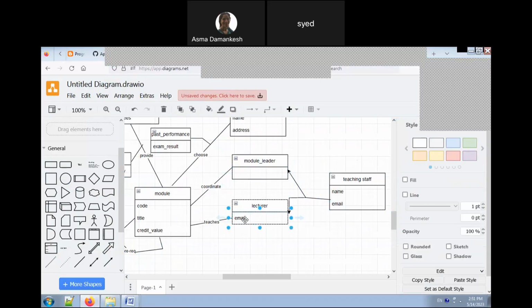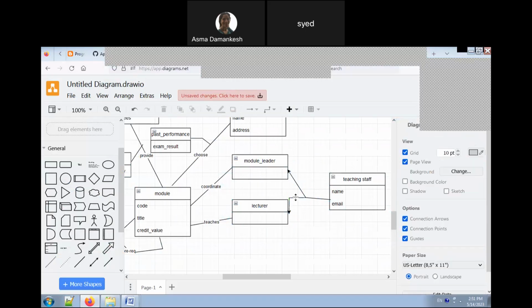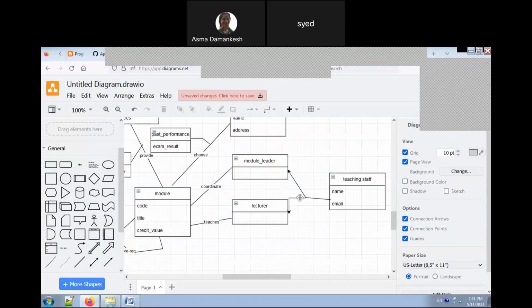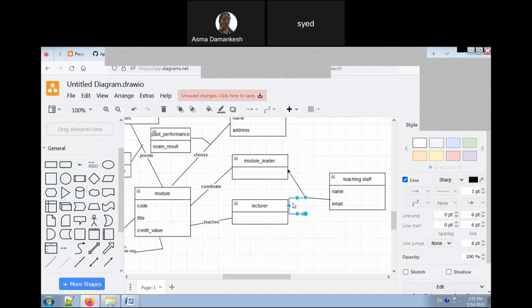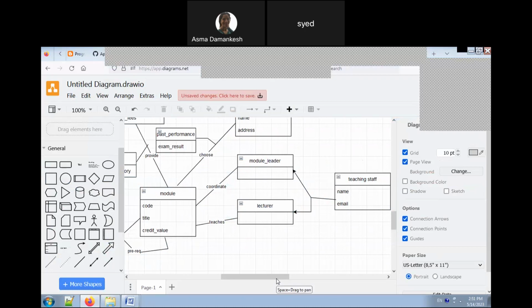So that's one way to do it. Now let's fix this the way it looks. Looks better. In the module leader and lecturer part, we don't have to mention the attributes again, because it takes them from this one. But we could if we wanted to. No, you shouldn't. With the ERD, you would just put an attribute that is different.